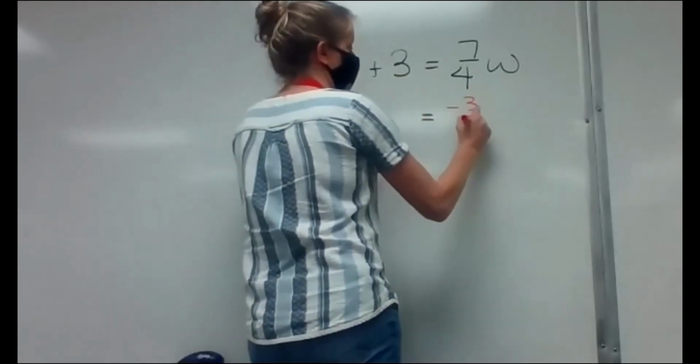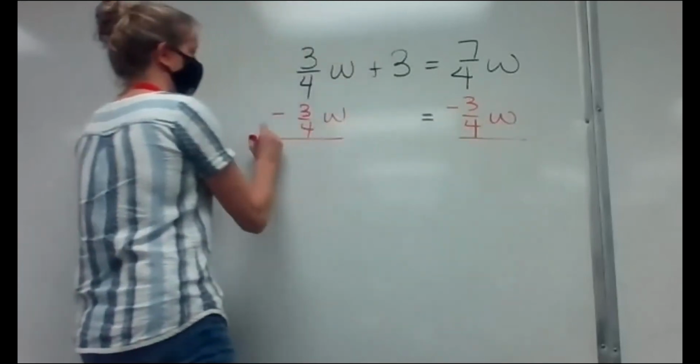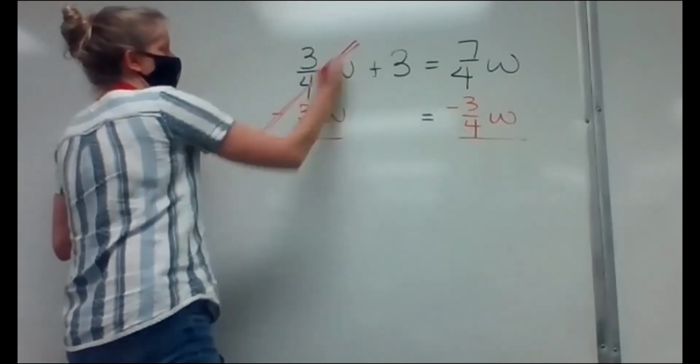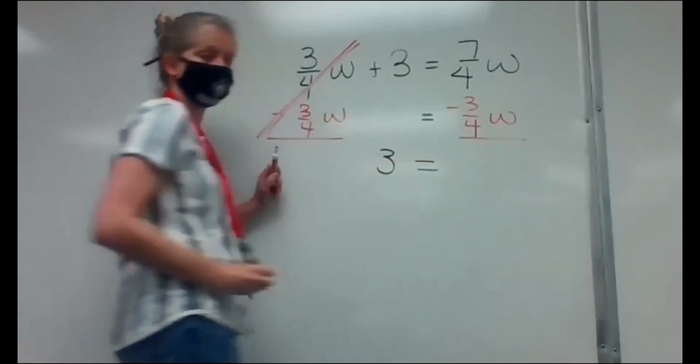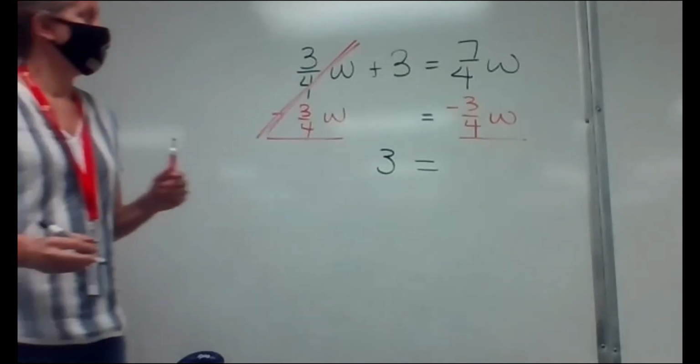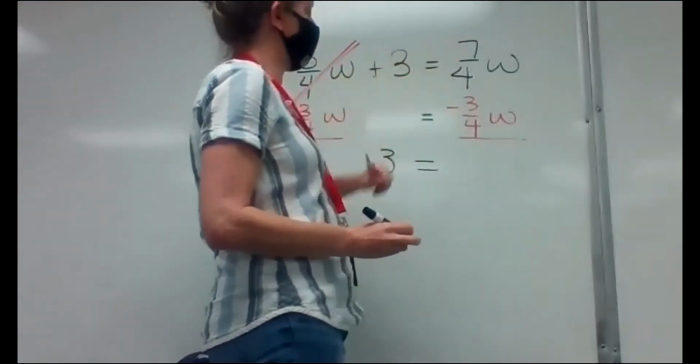Bring down my equal. Minus 3/4 W here. So let's see, that'll go away. All I'm left with on the left side is 3. Over here, I have 7/4 minus 3/4.